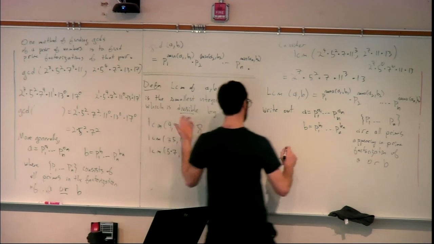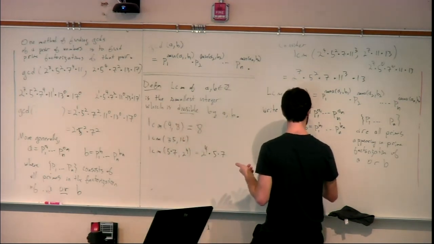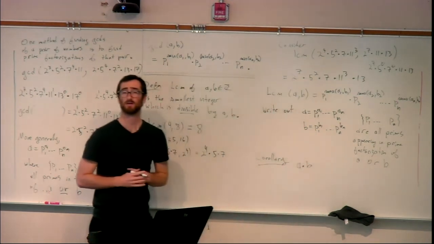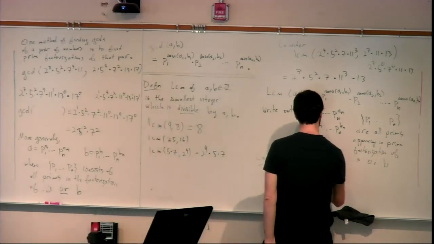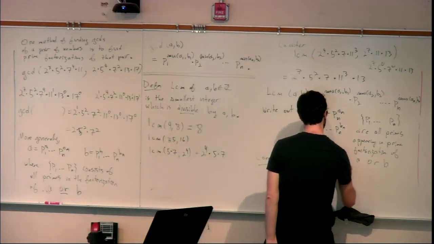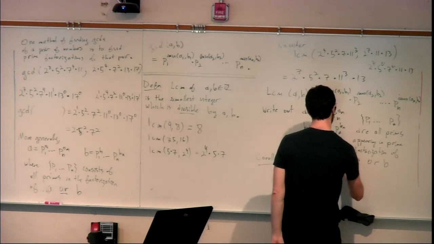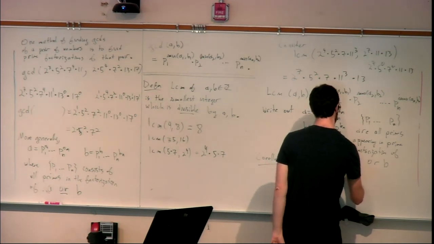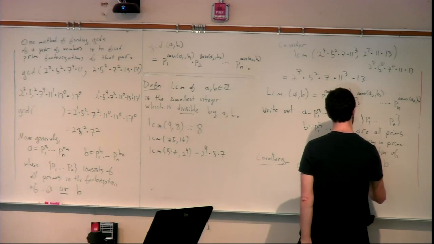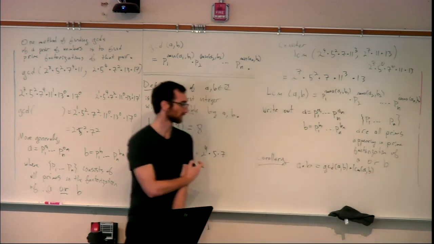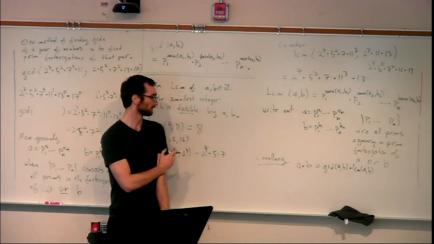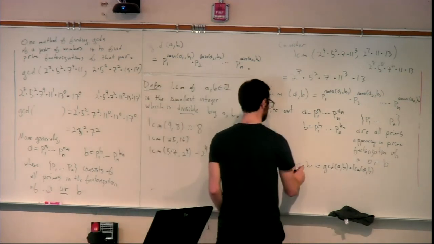Is that if we take two random numbers, A times B will automatically be equal to the GCD of A and B times the LCM of A and B, right? Because what is A times B?